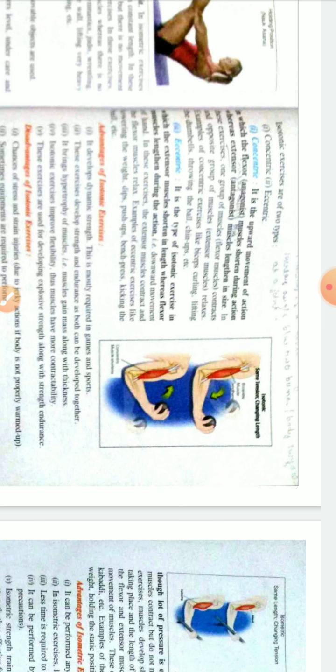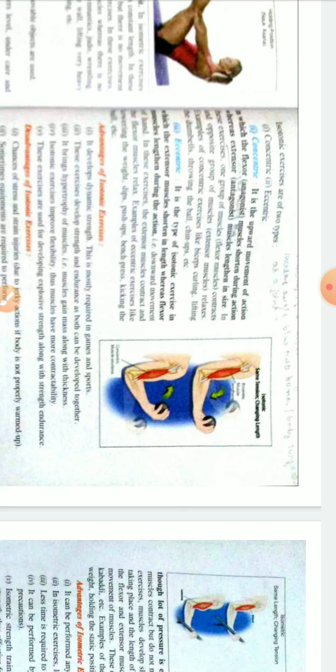Example, downward movement of the hand. Flexor means bending muscle, and extension means lengthening muscle. So in concentric, the bending muscle will be short, and in eccentric, the bending muscle will be longer. For example, downward movement is eccentric.